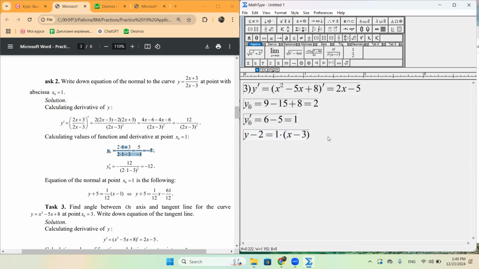Actually, we can just eliminate the 1 because there is no need, and it is even convenient to write in the slope form. And let's check.